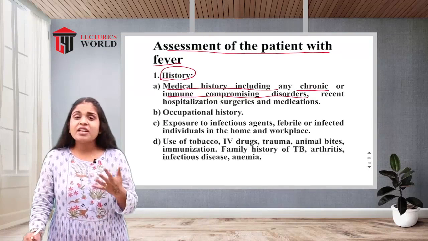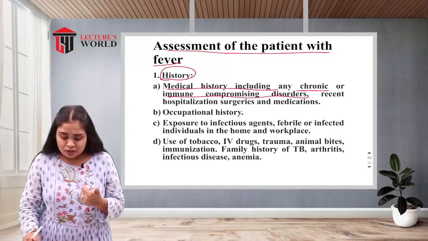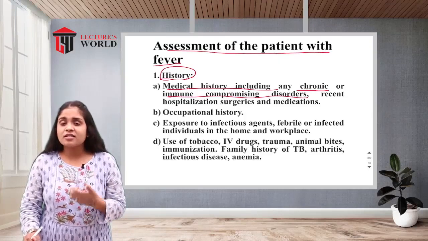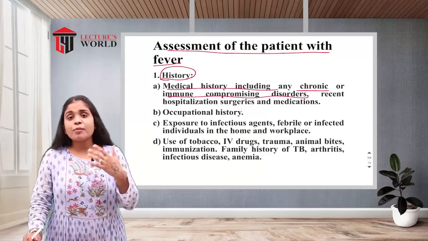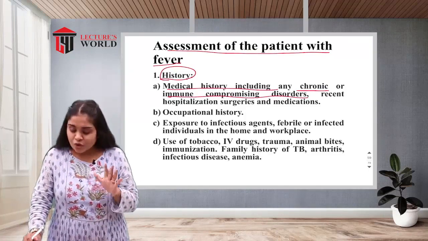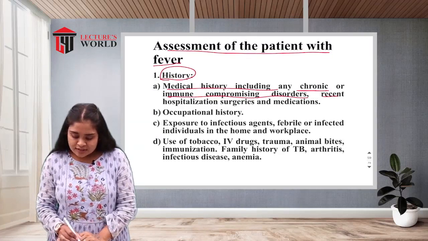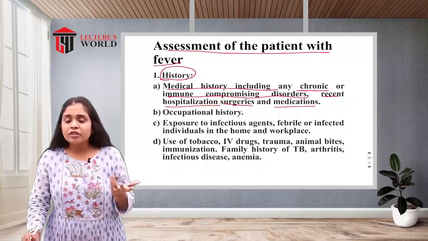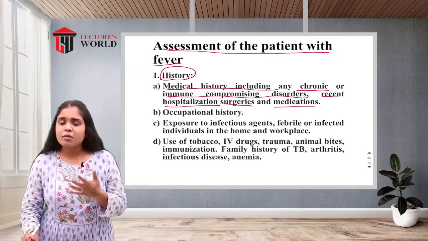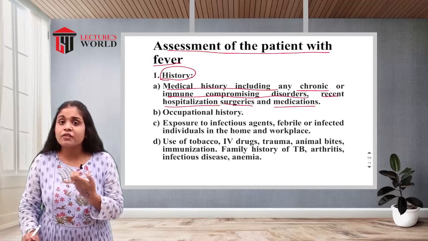If the patient has any medical disorder or any immune compromised disorder like cancer, HIV, AIDS, these kinds of patients get infections, and at that time the patient may have fever, or any chronic illnesses. Then recent hospitalization, surgeries and medication. If the patient has gone through surgery, they might have a certain kind of infection.